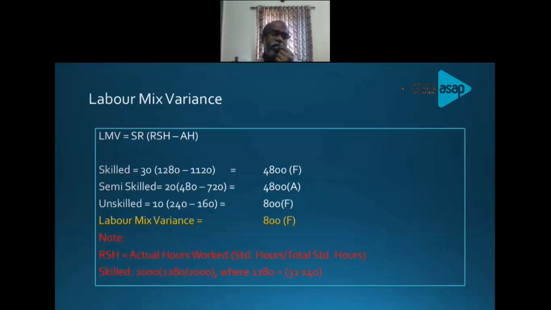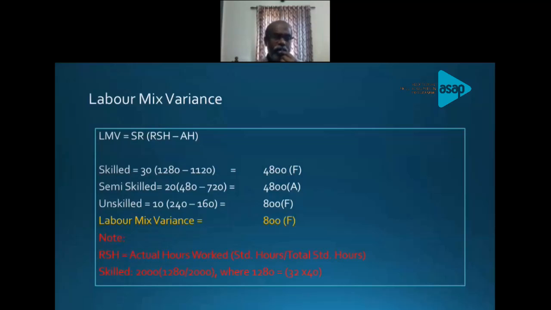As far as semi-skilled workers are concerned, similar is the computation. Standard time is 480. We have already calculated it. Actual hours is 720. This figure also we have seen. So here again, variance is 4800, but it is adverse.